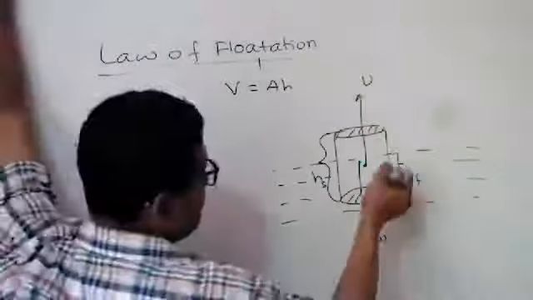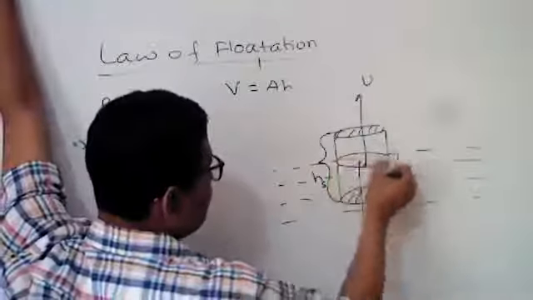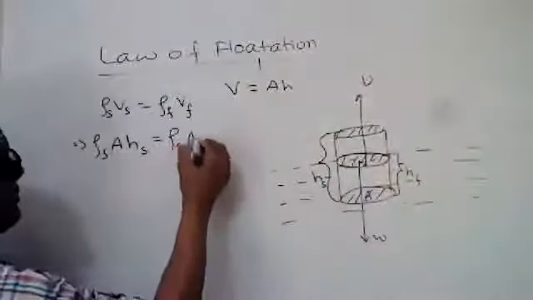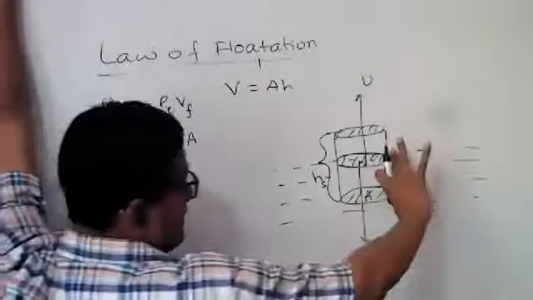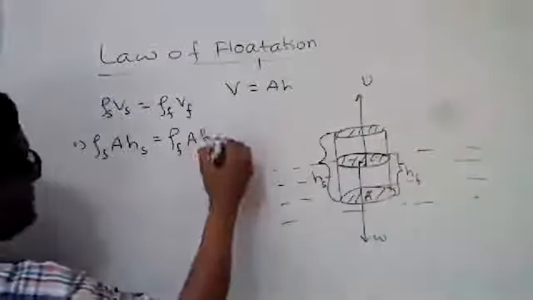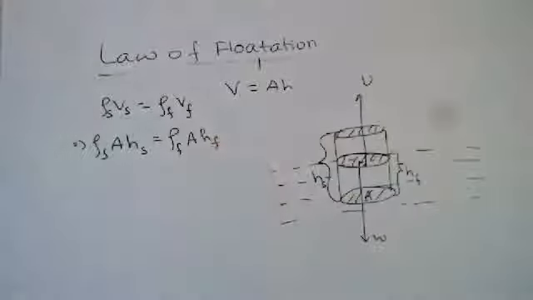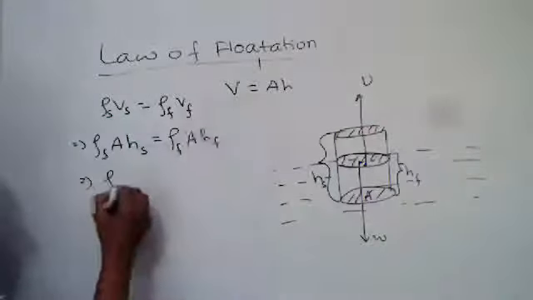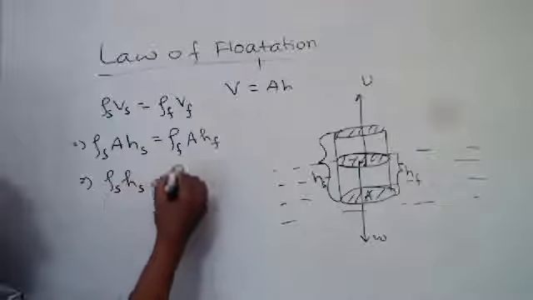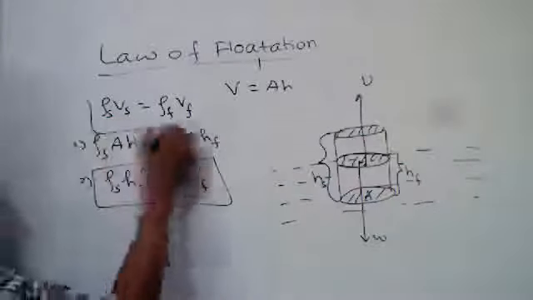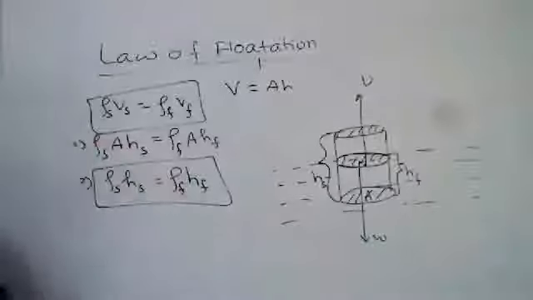The cross-sectional area in this portion is also A, and the submerged part of the object in the liquid is HF. So rho F A HF. So we can write rho S HS equals rho F HF. This is another condition for flotation.